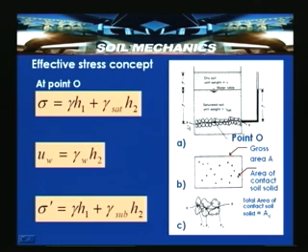H2 is the height of the saturated soil mass above point O. Point O is located here, and H1 is the height of the dry soil, which has gamma as the dry unit weight. The water table is located H1 meters below the ground surface. If I put a standpipe here, the water will rise under hydrostatic conditions up to H2, which indicates that the pore water pressure at this point is gamma W H2.